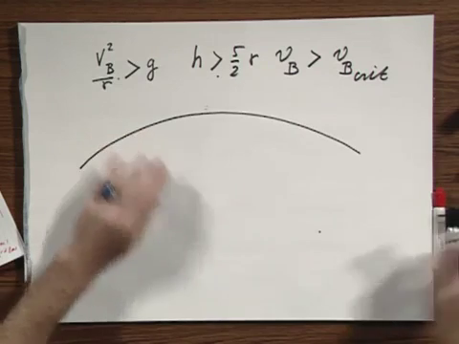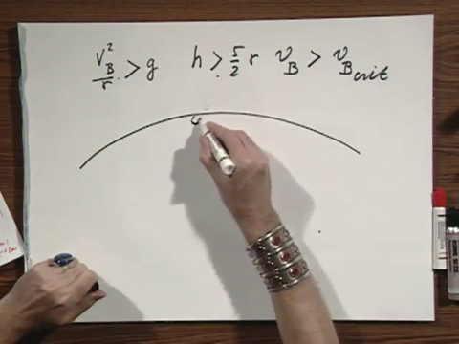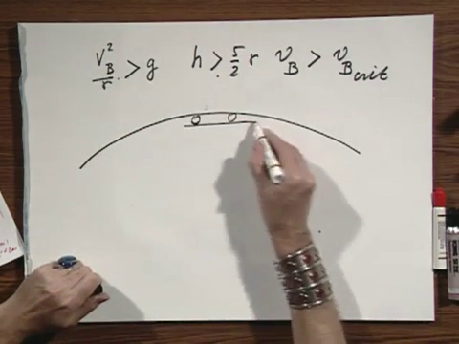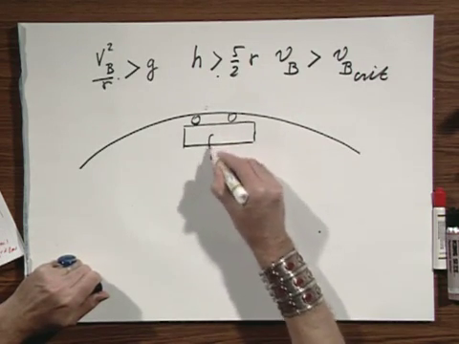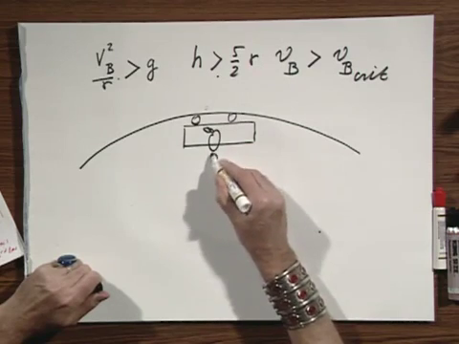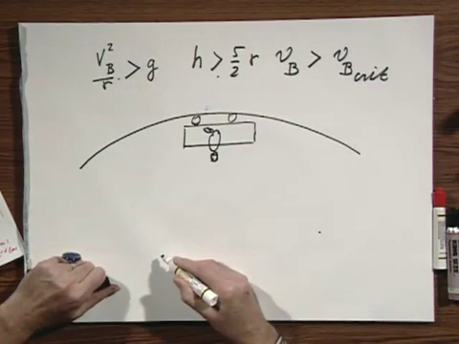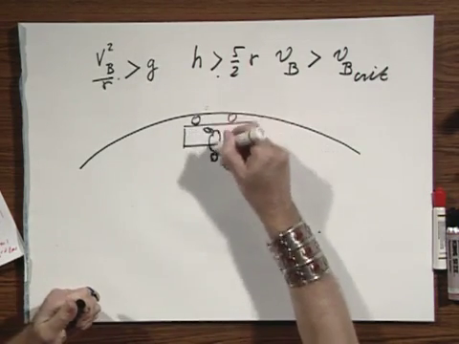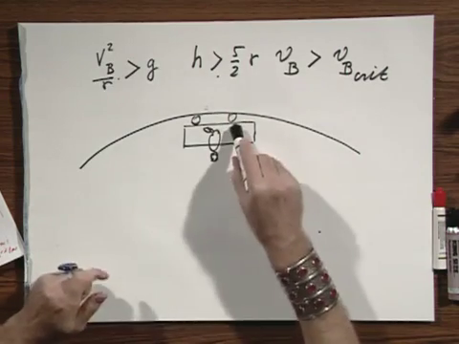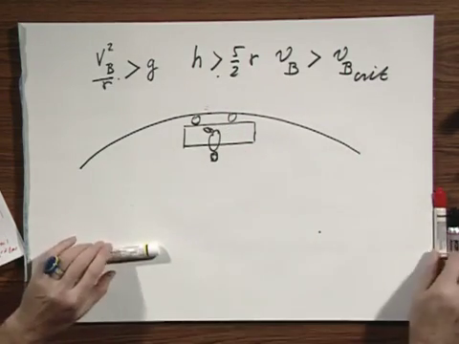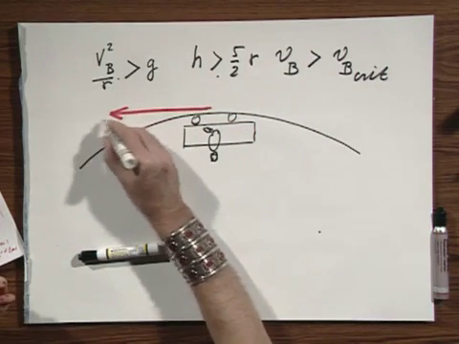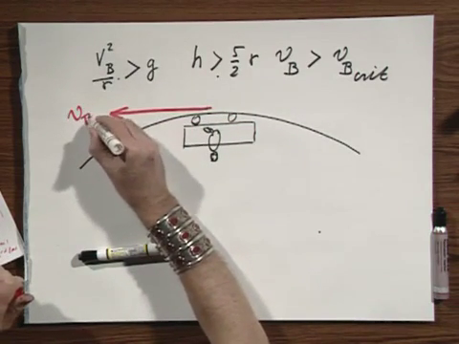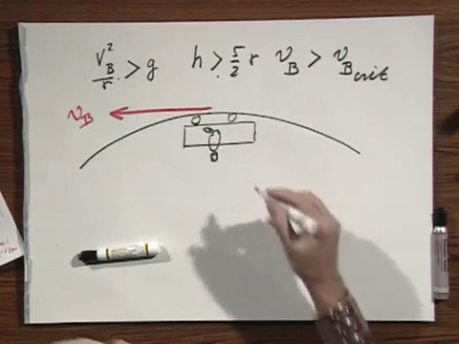If this is the track, and here are the wheels of the track, everything is now upside down, and you are sitting here, the track will now push down on the roller coaster. The tangential speed is now v_B, which is larger than the critical value.